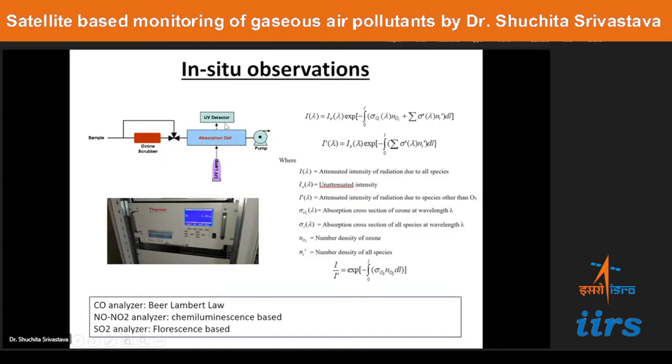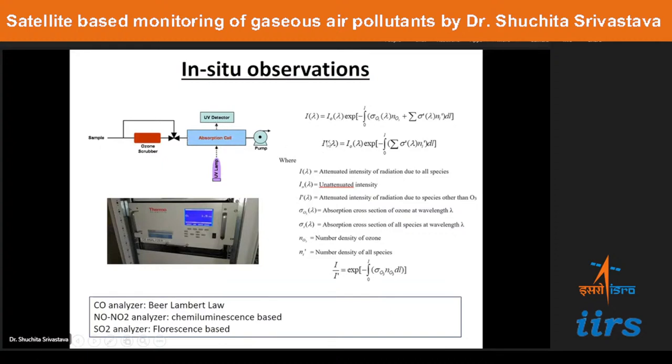So I lambda for the first cycle, which is measured by the UV detector, will be equal to I0 lambda exponential minus integral 0 to L of sigma for ozone at wavelength lambda times density of ozone, plus other absorbing and scattering species present in that particular air parcel at this wavelength lambda. Correct? For the next 10-second cycle, we know that the number density of ozone is 0 and the intensity will also change.